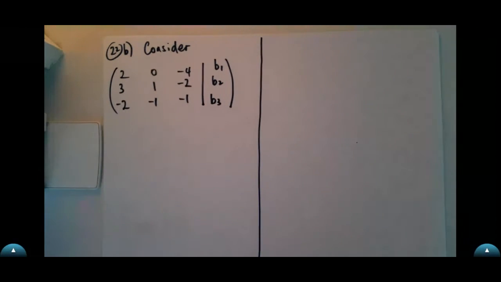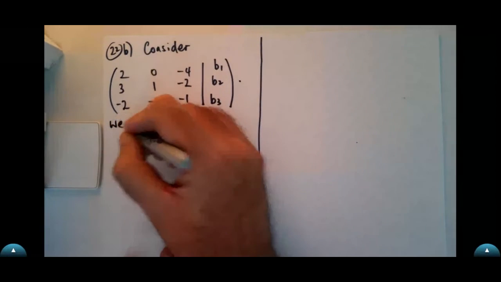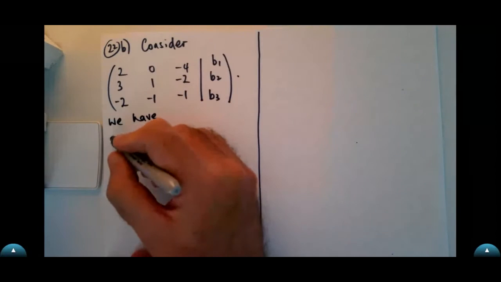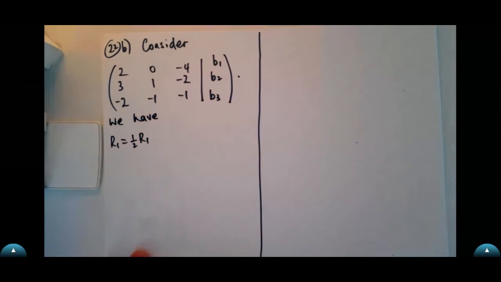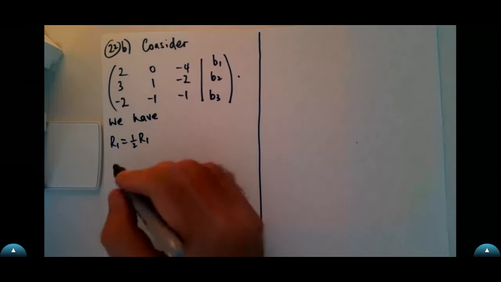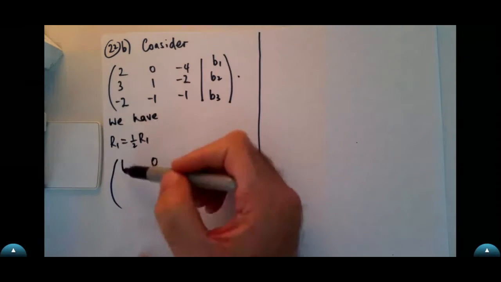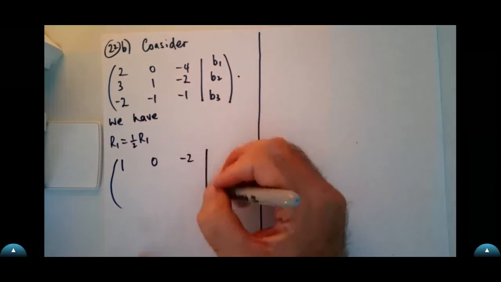Okay, so if I was doing this myself, I would go, okay, row 1 is going to become a half times row 1. Yeah, Liz is on the case. Now you don't have to do that, but the nice thing is you get a 1 as your pivot entry point, right?